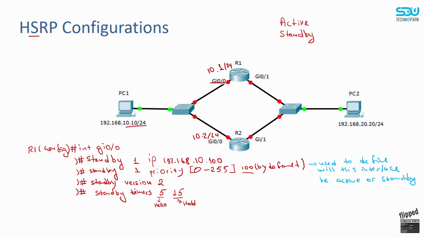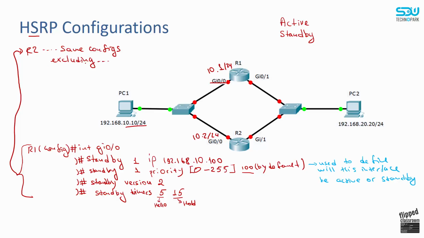And now it's time to make configuration of router 2. So I'll just take these configurations, and for example, let me write here for router 2 the same configs excluding this one.